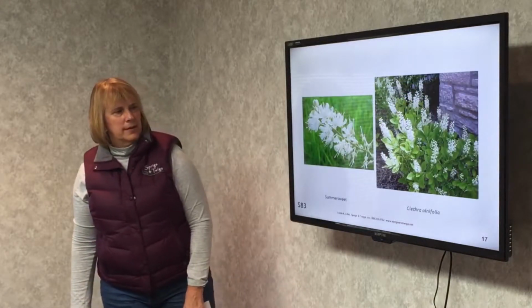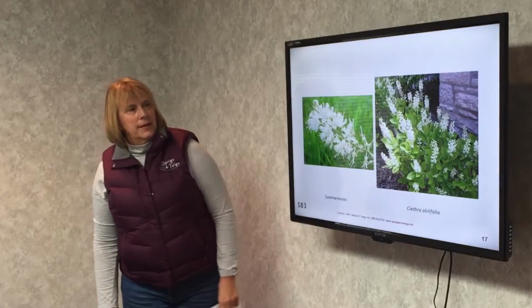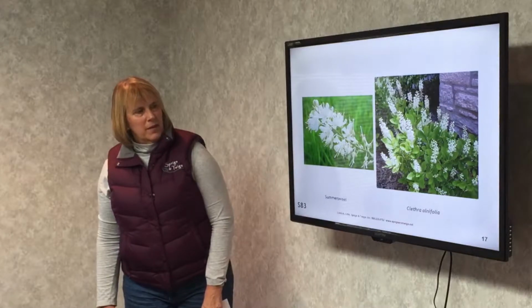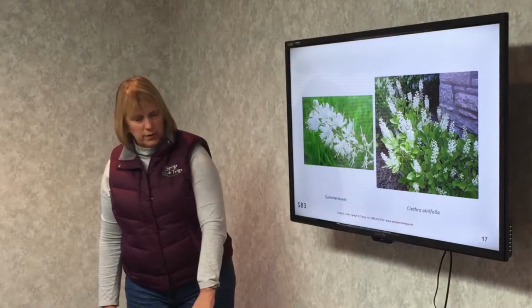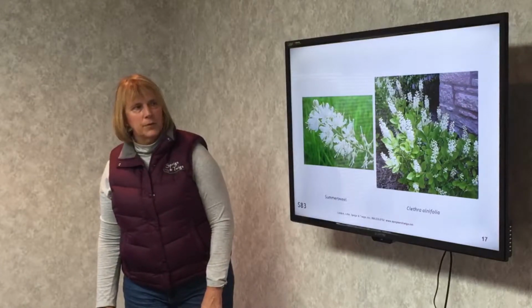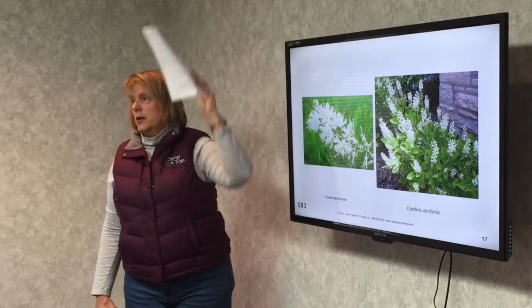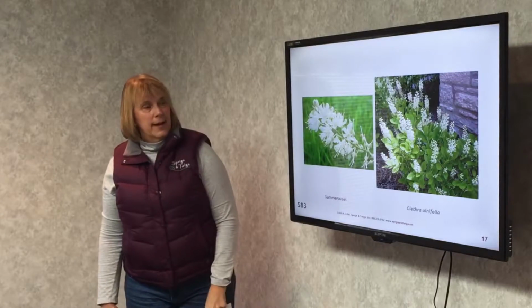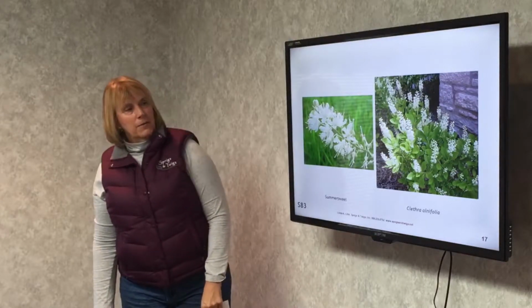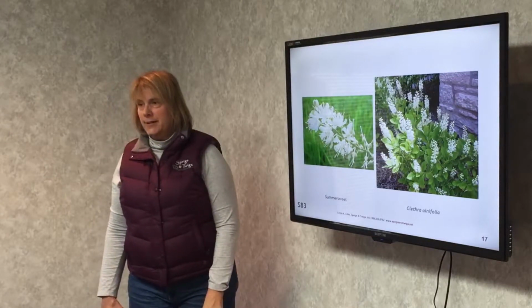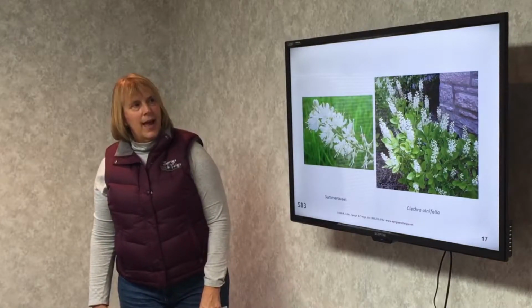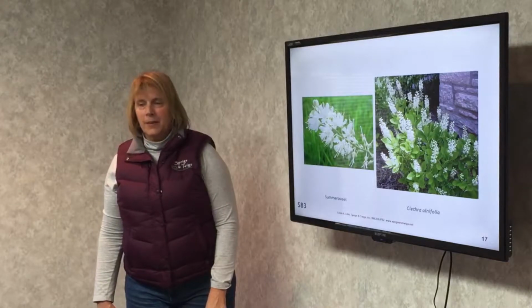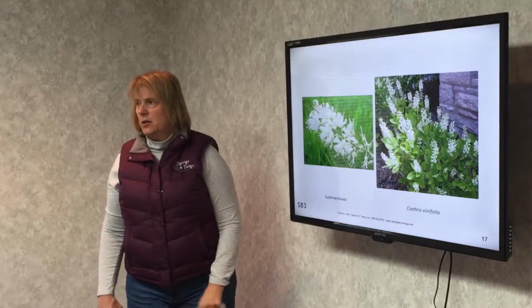Okay, summer sweet. This is another plant that blooms in the middle of the summer. They have cultivars that are short, that are 2.5 feet tall, up to tree-like forms of this plant. White flowers to pink flowers, very fragrant, brings in the bees, brings in the butterflies. This plant needs to be planted not around your foundation because it spreads.